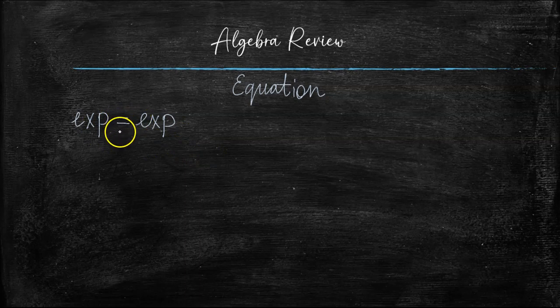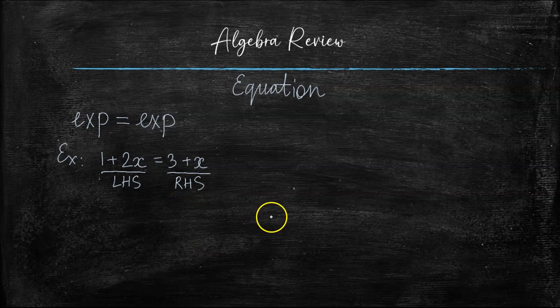And if you, instead of equal sign, put inequality sign, then it's going to be inequality. So here's an example. You have 1 plus 2x equals 3 plus x. So we have an expression on the left-hand side, and we have an expression on the right-hand side. And altogether, this is what we would call an equation.